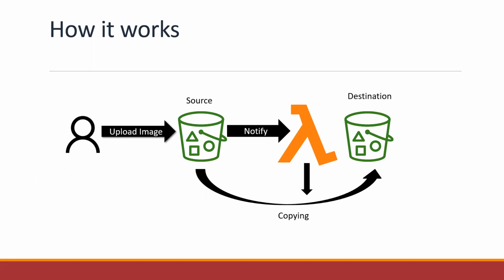Basically, a replica, a copy of whatever I'm uploading to the source bucket will get copied to the destination bucket. So for this, I'm creating a Lambda function. As soon as I upload to the source bucket, it will notify the Lambda function, the Lambda function will get executed, and it will copy to the destination bucket.